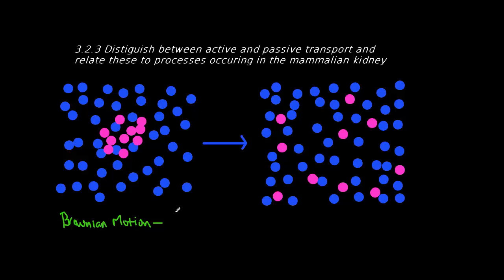So Brownian motion: random movement and collision of atoms and molecules due to their kinetic energies.